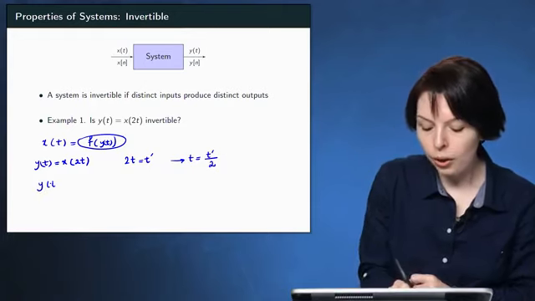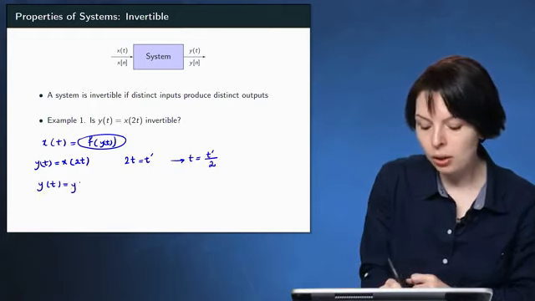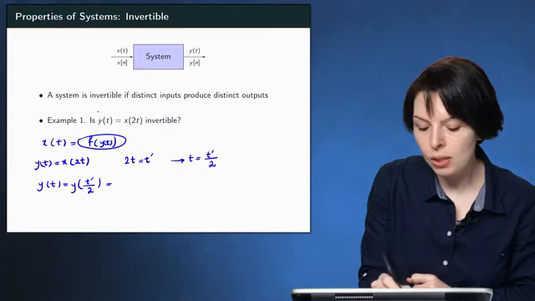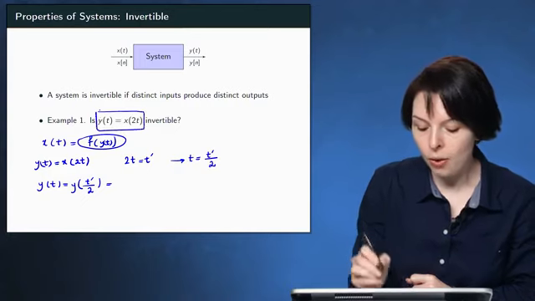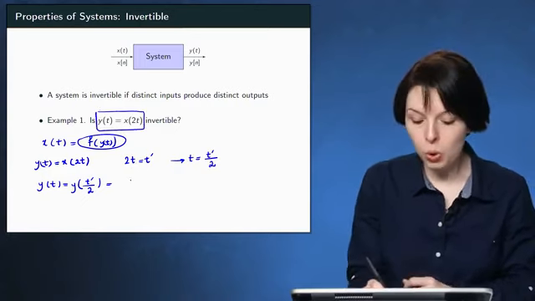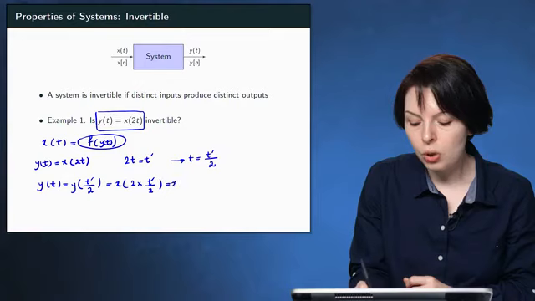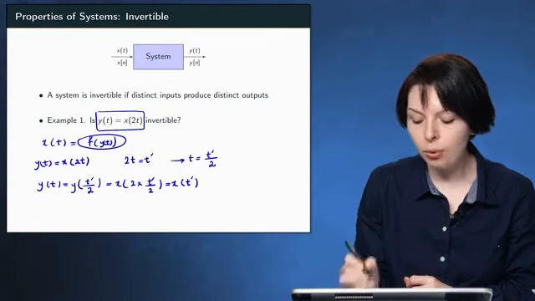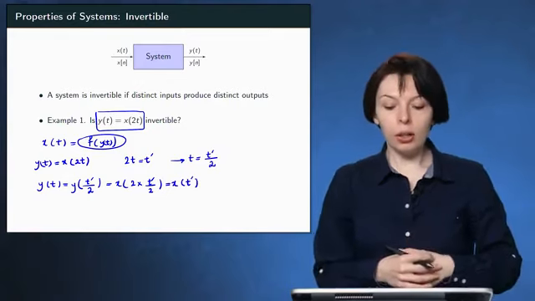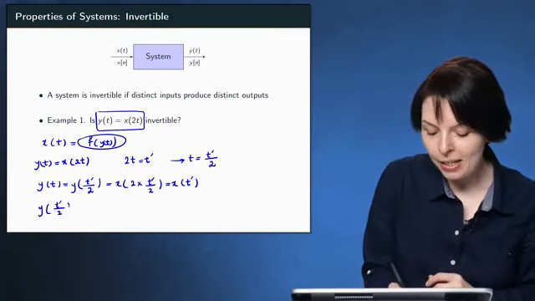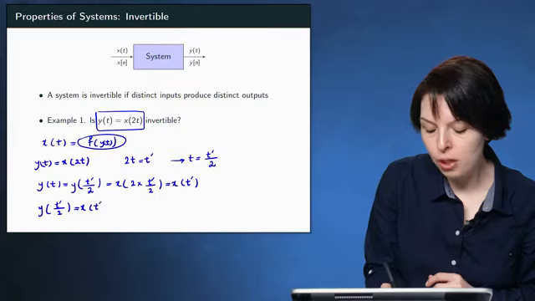So y of t is actually the same as y of t prime over 2, which, using this expression, is x of 2 multiplied by t prime over 2, which is equal to x of t prime. So y of t prime over 2 is equal to x of t prime.